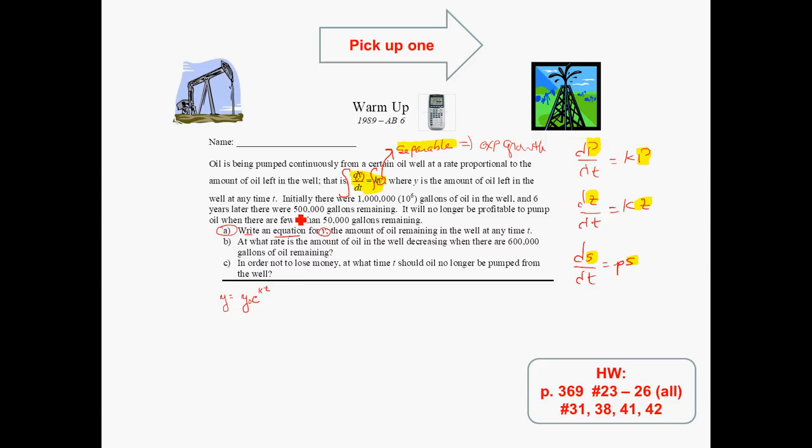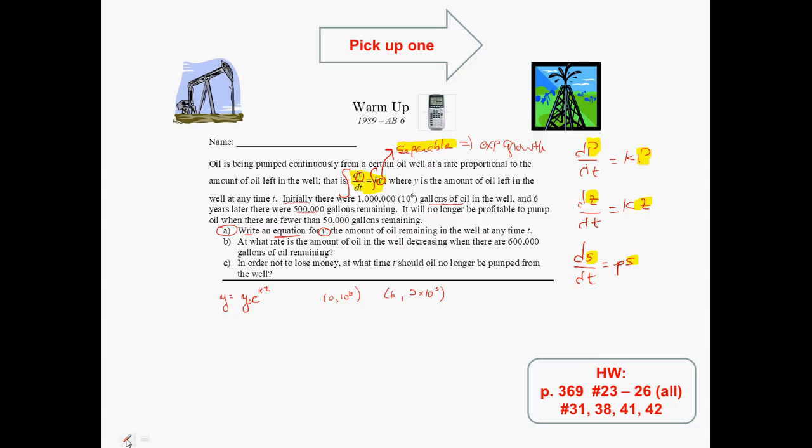And what information did they give me? Initially there was, so at time 0, I have 10 to the 6th gallons of oil, units. And 6 years later, there were 500,000. So those are my two data points.